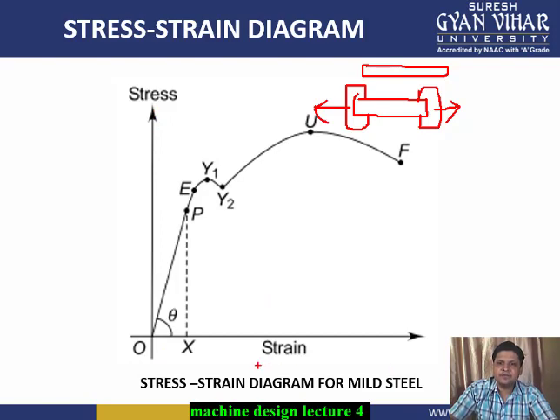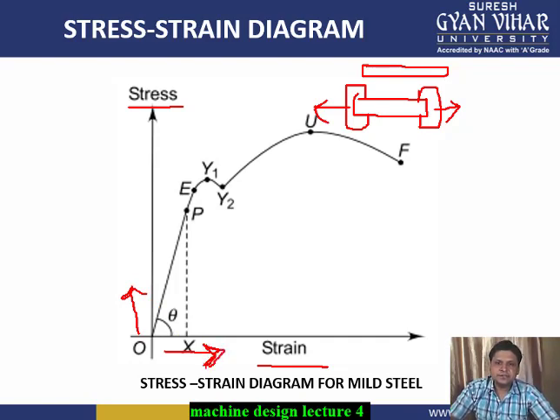In the stress strain diagram, we keep strain on the x-axis and stress on the y-axis. When we apply load on the object, the stress is increasing, and if the material is elongated, if there is an increase in length, then strain is increasing.